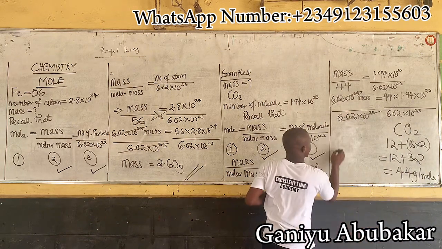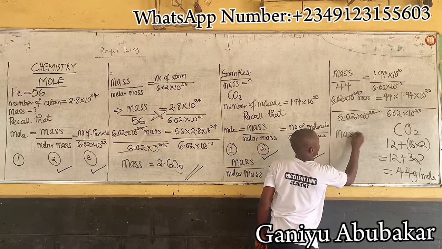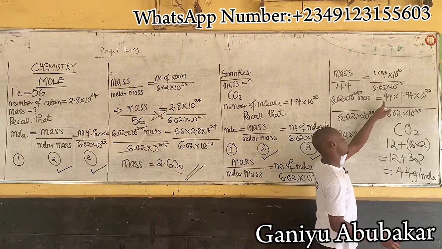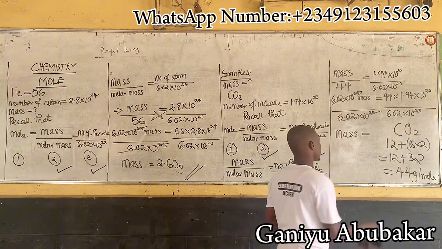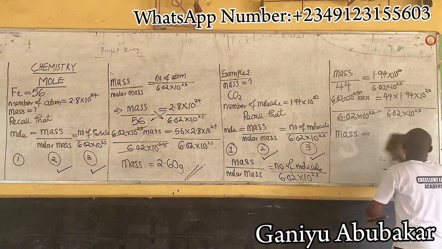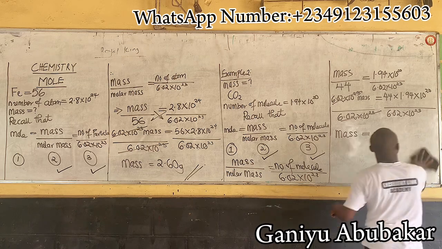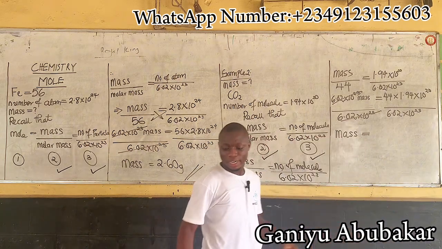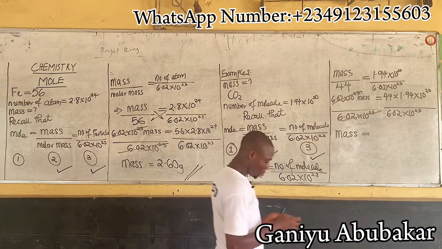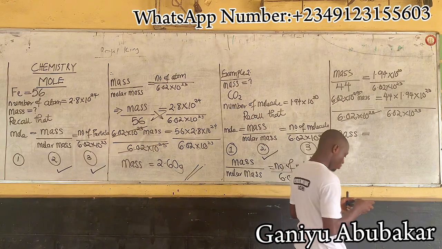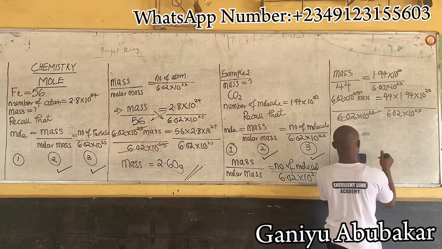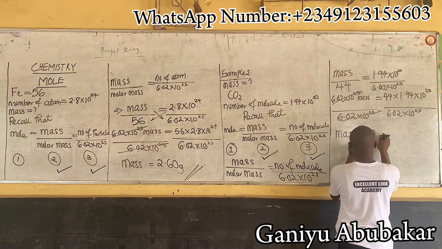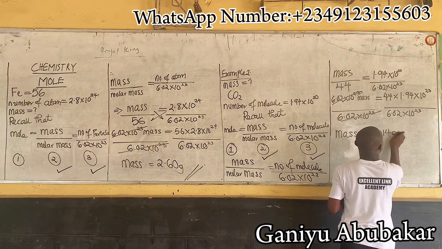What's the mass? Mass now will be equal to, if I pick up my calculator and divide that by that, my answer is 0.014 gram.